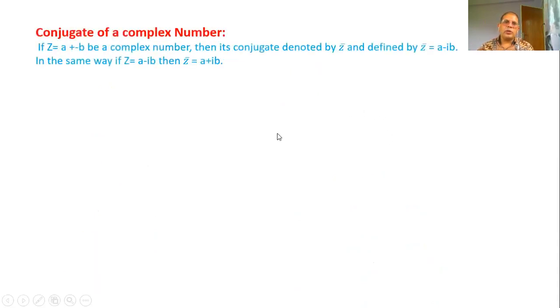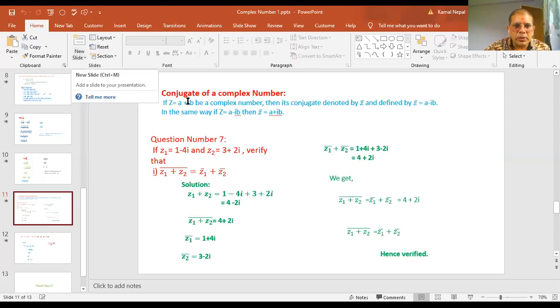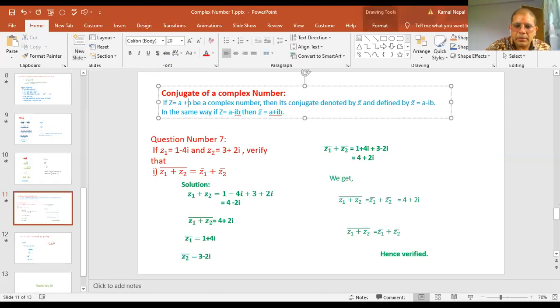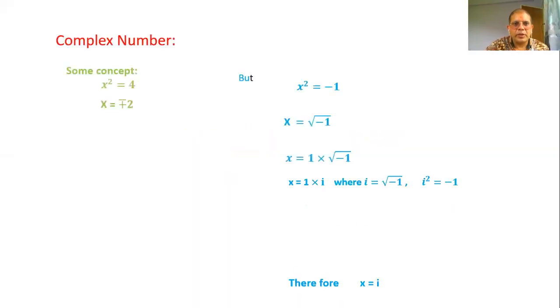Similarly, I want to show you another concept. It is the conjugate of a complex number. If you have a plus ib, this is a complex number.